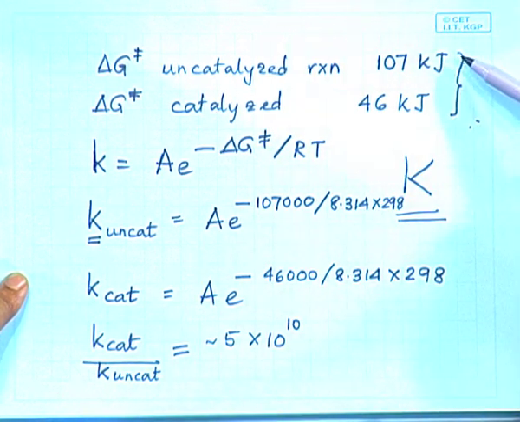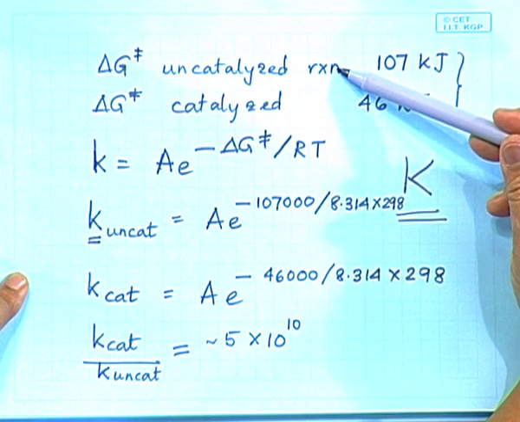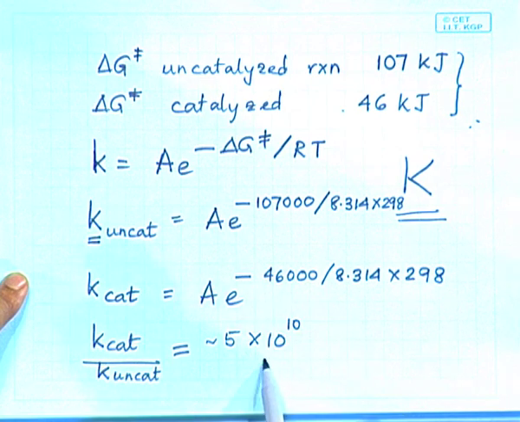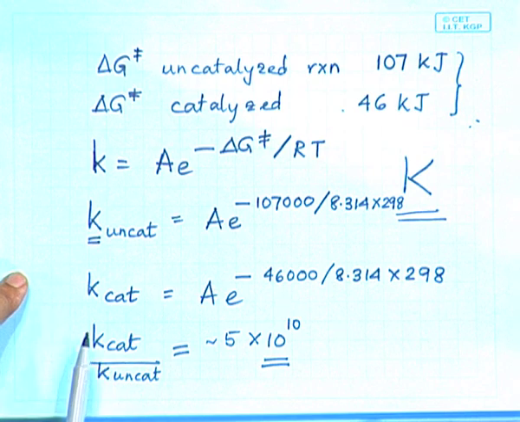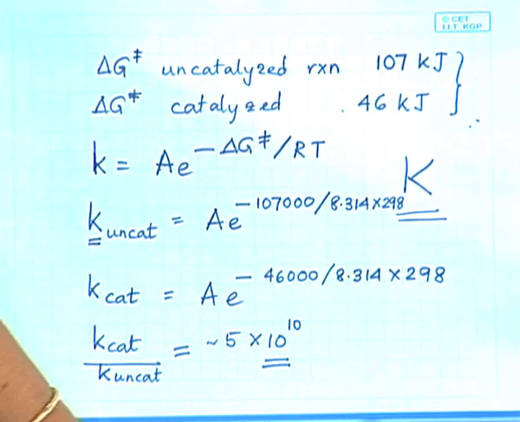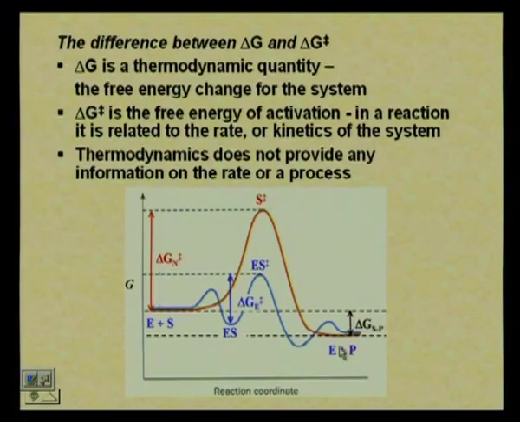So, I have an uncatalyzed reaction, a catalyzed reaction, and then I have associated with it the change in the rate due to the reaction being catalyzed, whether the catalyst happens to be an enzyme or any other catalyst, it is the same thing. So, what do we have here? We have our enzyme plus substrate, and we have our enzyme plus product.